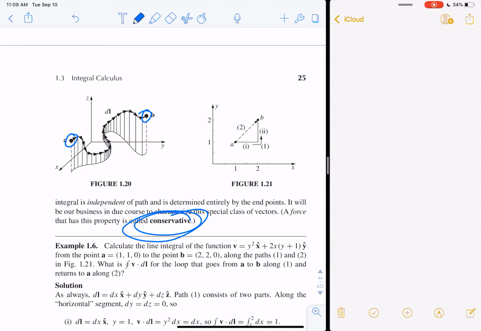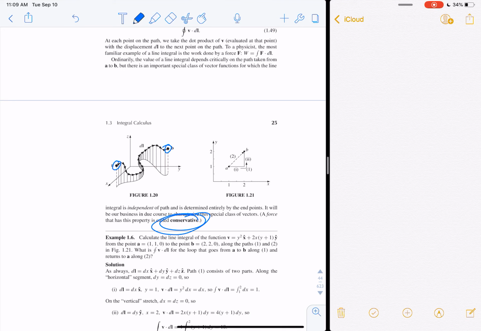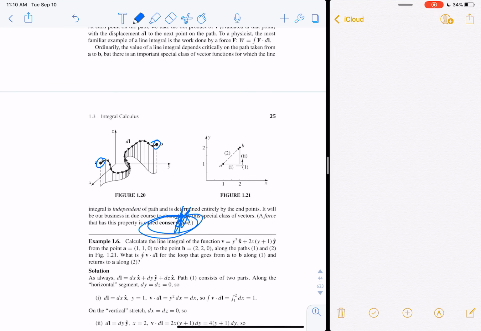You don't really care about integrating along the actual path, and you only really care about the endpoints: evaluating the function at B and A, if you can get the integral of the function itself.